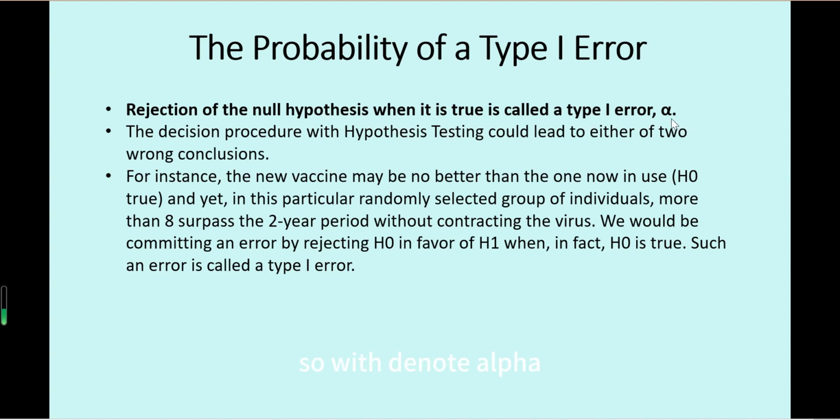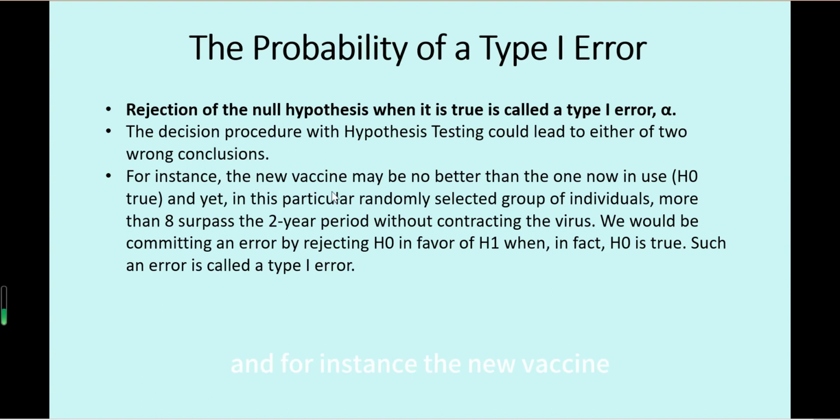We denote this error by alpha. Its error is expected to be very low, about 0.05 in most cases, so we set alpha to 0.05 or lower.